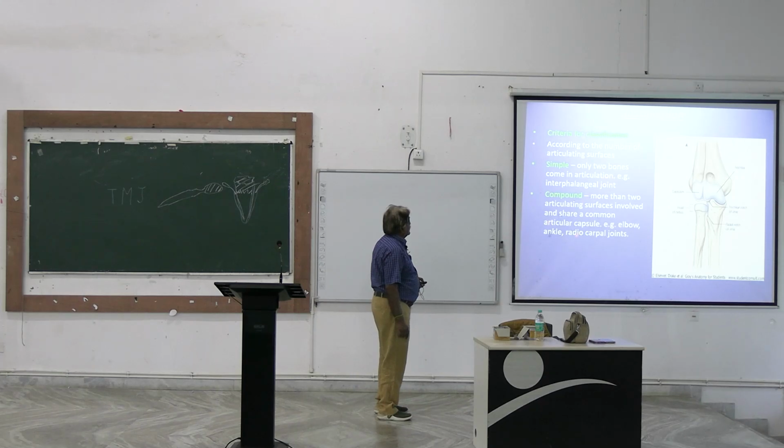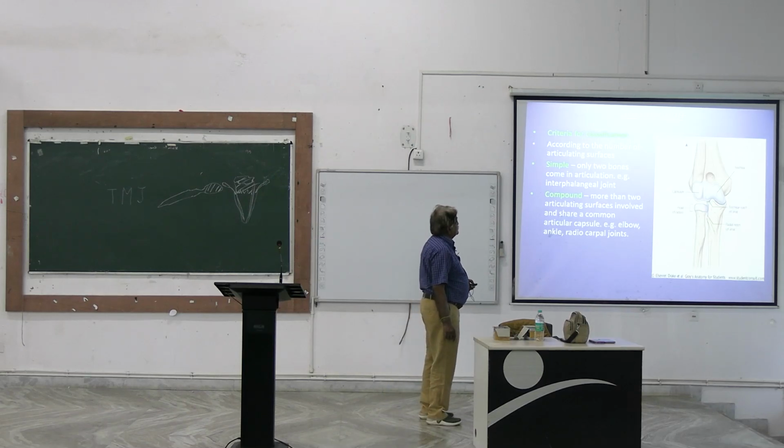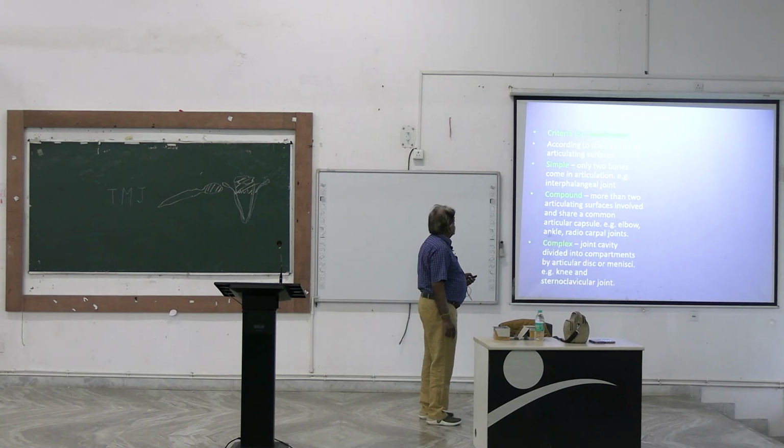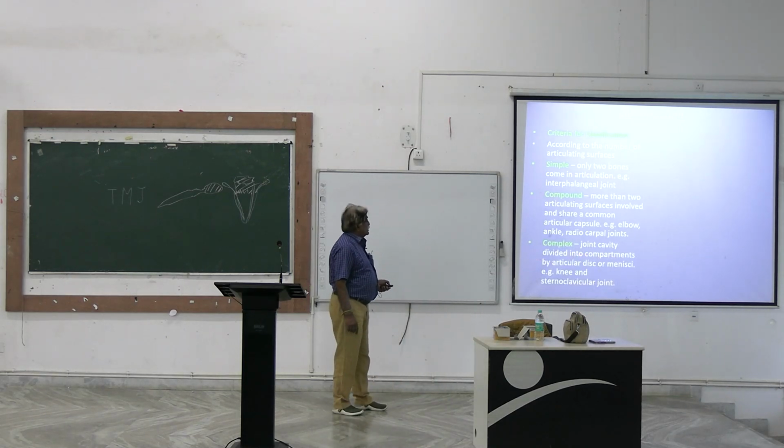Example, elbow, ankle, radioulnar joint. Complex: joint cavity divided into compartments by articular disc or menisci. Example, knee and sternoclavicular joint.